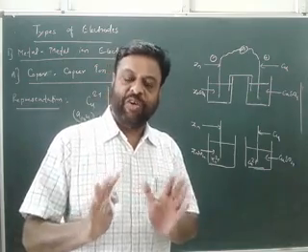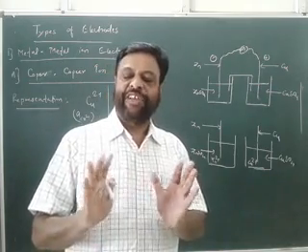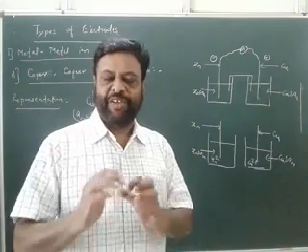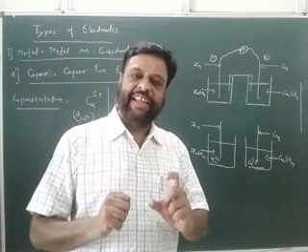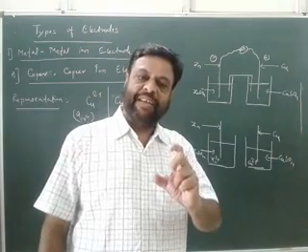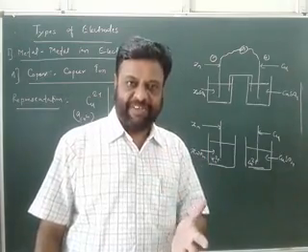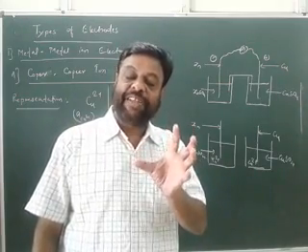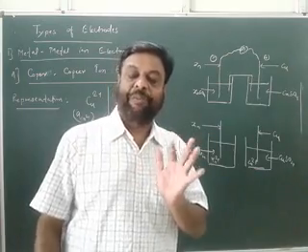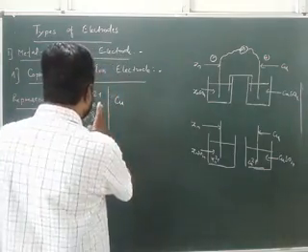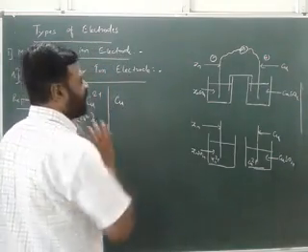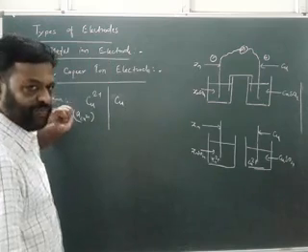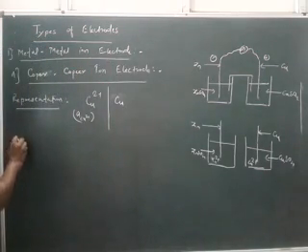We can represent it according to IUPAC, that is International Union of Pure and Applied Chemistry. Where the reduction reaction takes place, reduction potential is developed, so we have to represent it as a positive electrode. For the representation of a positive electrode, we write first the liquid phase, then the solid phase. So this is the representation of the copper ion electrode. Next we can write the half cell reaction.